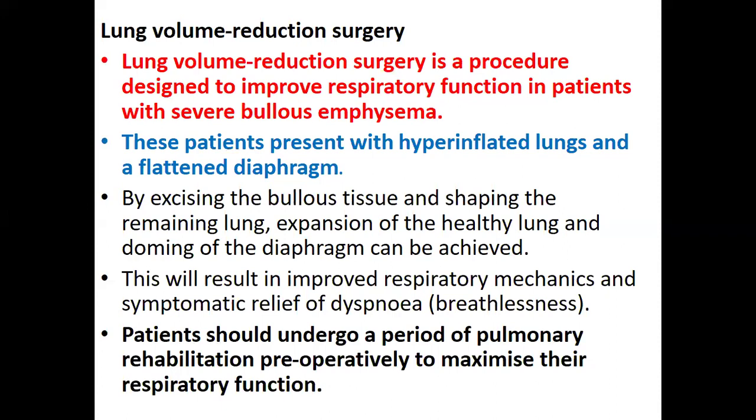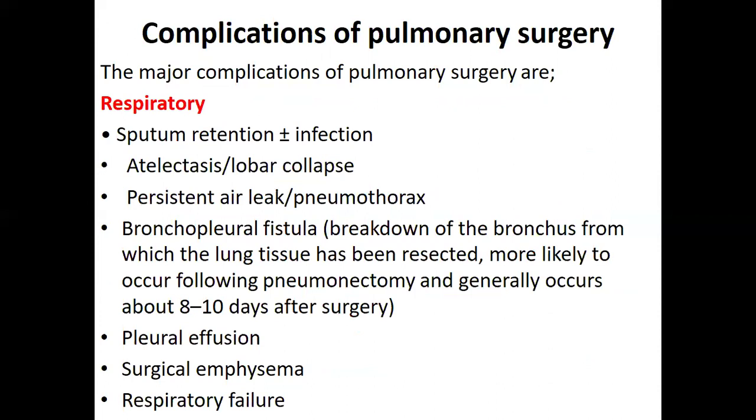So all those conditions we talked about, air trapping and causing the diaphragm to be flattened, will be treated through surgery, and this is the type of surgery. Therefore, patients should undergo a period of pulmonary rehabilitation preoperatively to maximize their respiratory functions.